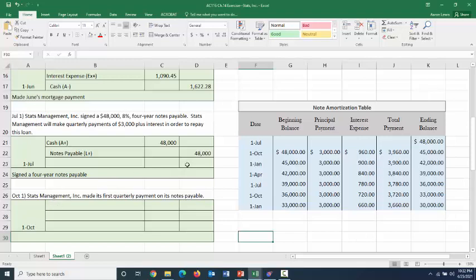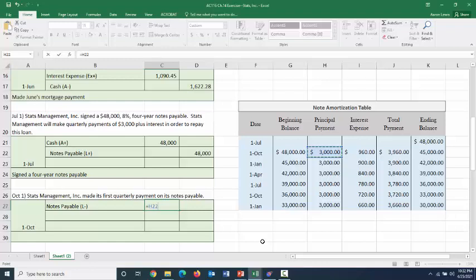Well, that amount that goes towards principal is decreasing the balance of our note, which means we need to decrease the balance of the note on our books by debiting notes payable. And we're going to debit that for the portion of our very first payment that went towards principal, and our information tells us that's $3,000. And we had a portion of that payment that is going towards interest. Well, we're going to record that as an interest expense.